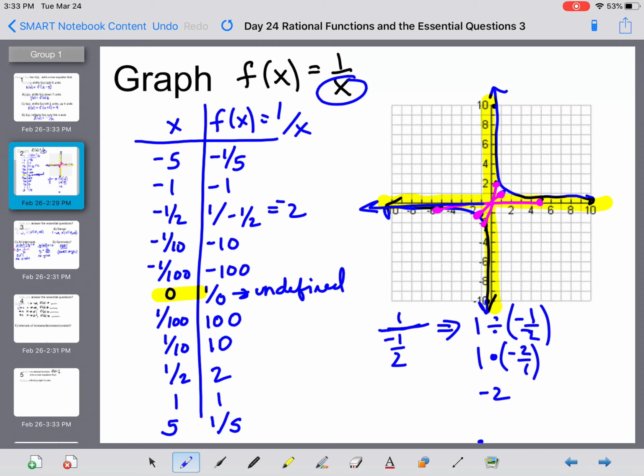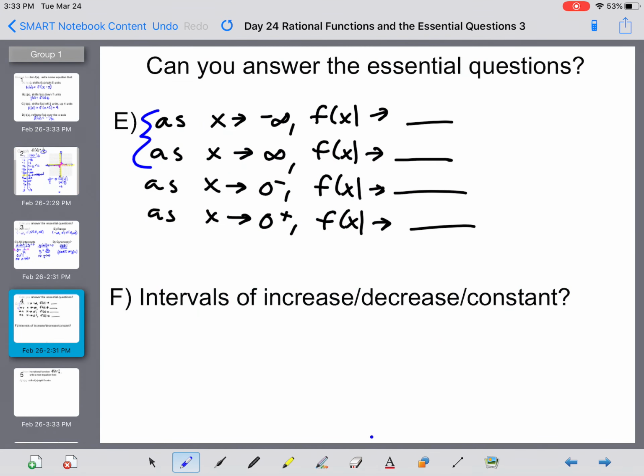So we'll go ahead and say, as x approaches -infinity, f of x is approaching 0. And then let's look as x approaches +infinity. Well, f of x is also approaching 0. So those two are the same. We've seen those before. The only difference being here that f of x is actually approaching a specific number versus approaching positive infinity or negative infinity.